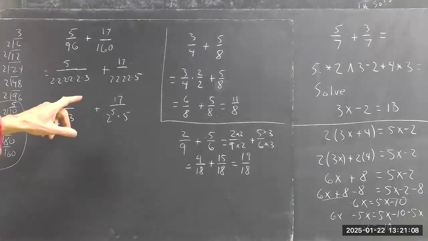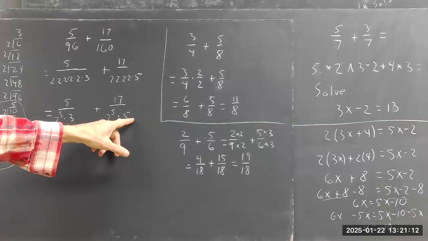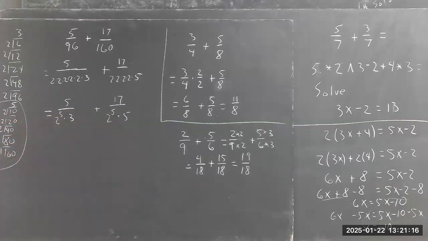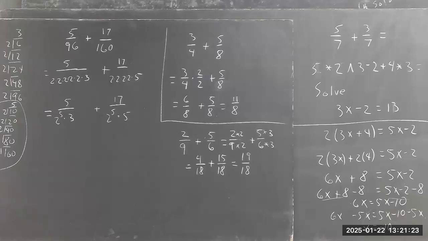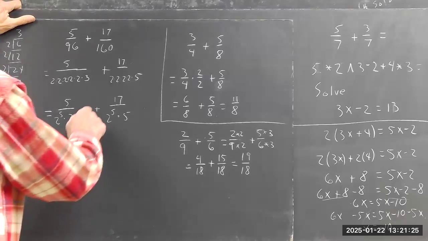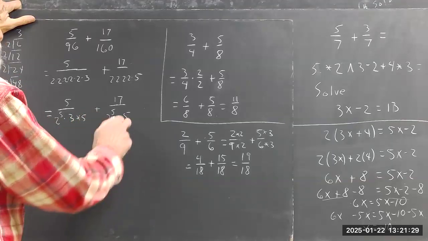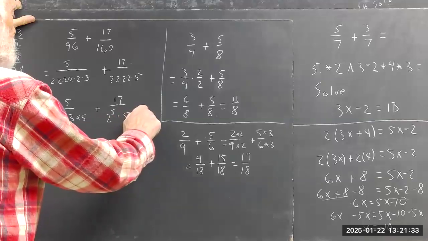Now, what should I multiply the denominator here by and the denominator here by in order to make them the same? Well, this one's got a 5 and this one doesn't. So I better multiply by 5. This has got a 3, and this one doesn't. So I better multiply this one by 3.